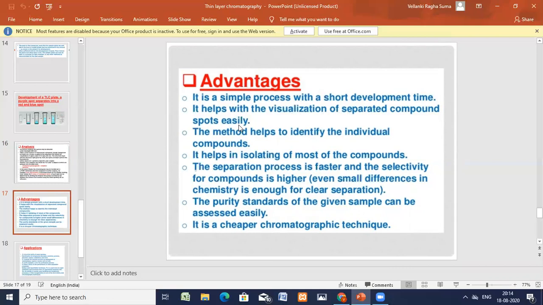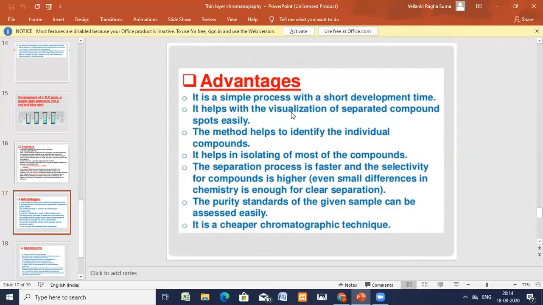And the method helps to identify the individual components. It has great advantages.